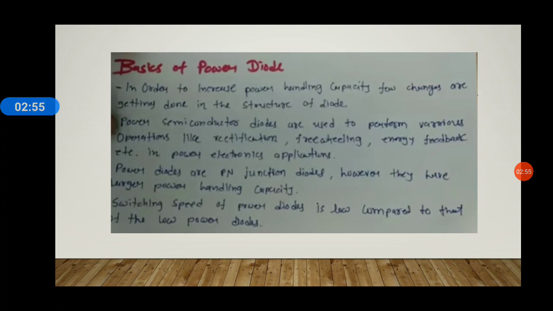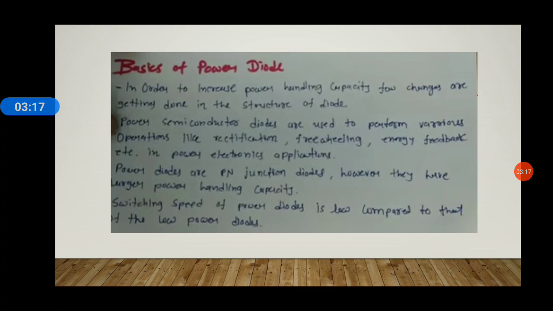Now, power diodes are actually PN junction diodes, but which have a higher power handling capacity, and the switching speed of these power diodes is low compared to that of a low power or the general PN junction diode that you have studied previously.